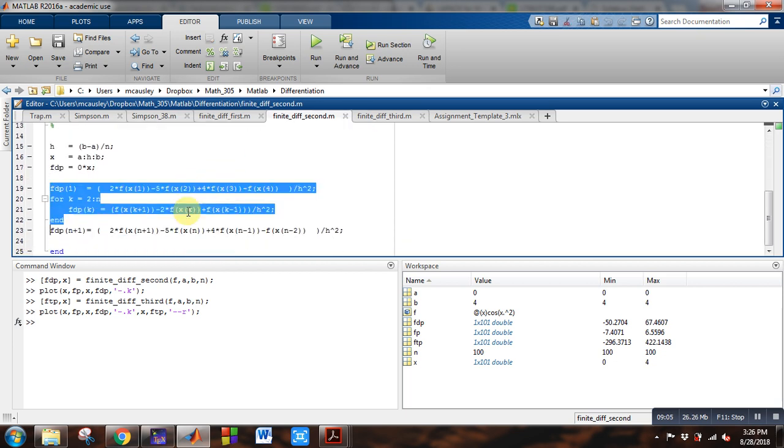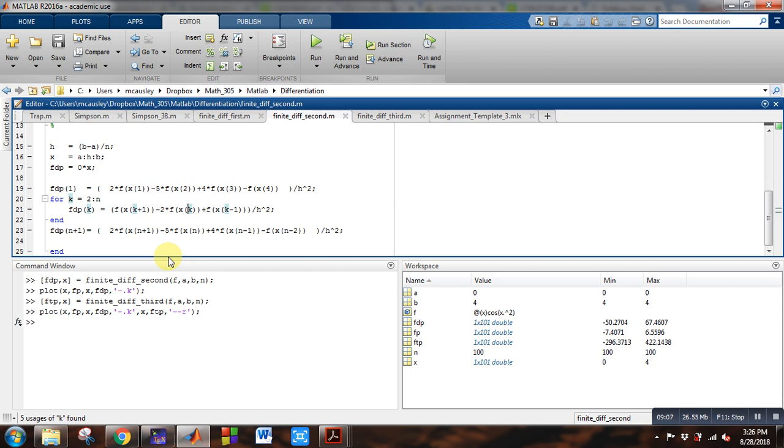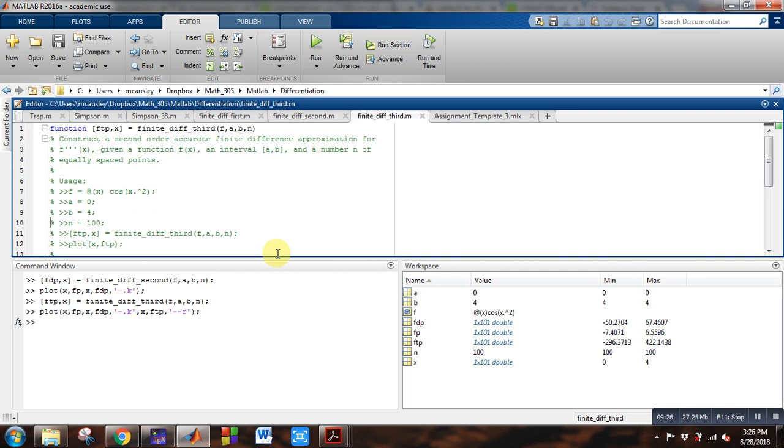Notice here in second finite difference, for example, x of k plus 1, x of k minus 1, and we're dividing by h squared instead of dividing by 2h. So this is the second order finite difference approximation of a second derivative. And finally we'll have a second order approximation for the third derivative here.